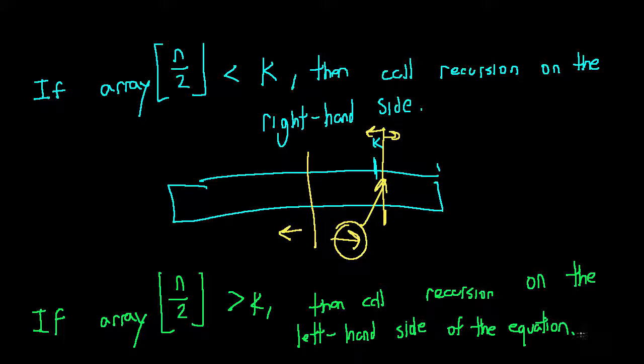On the left-hand side of, or not the equation, I'm thinking of math, sorry, of the array. There we go. So that would be how we are going to do it.